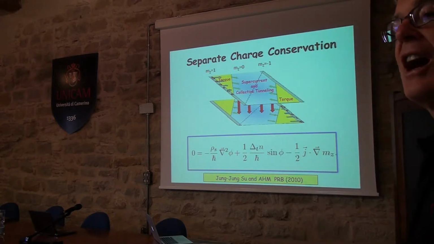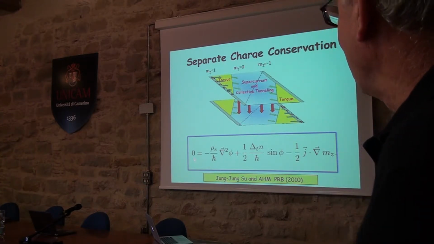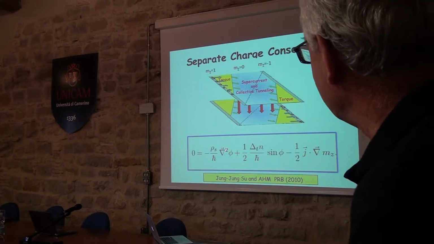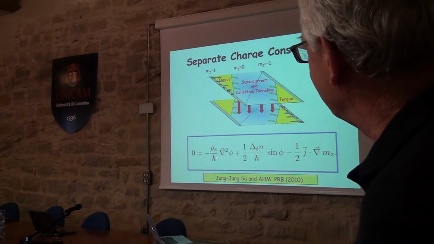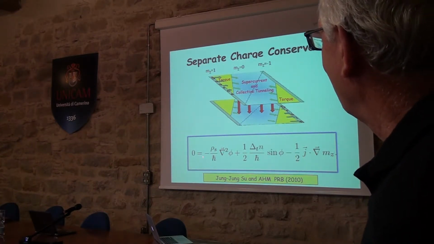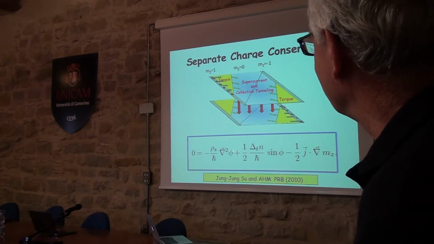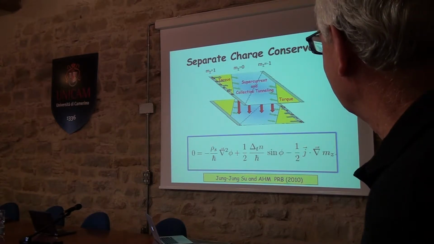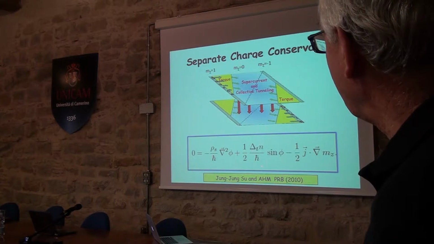This is actually done in the kind of magnetism language. This is a kind of current conservation equation. What it says here is the divergence of the gradient of the phase. This is like the divergence of the supercurrent, accumulating charge in one layer or the other. And this is a tunneling amplitude.